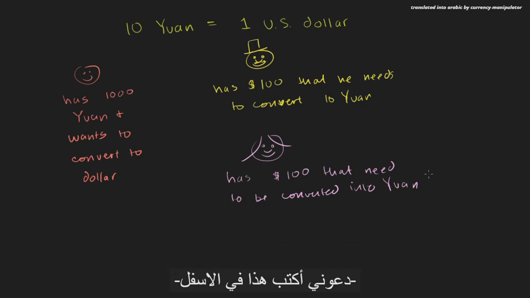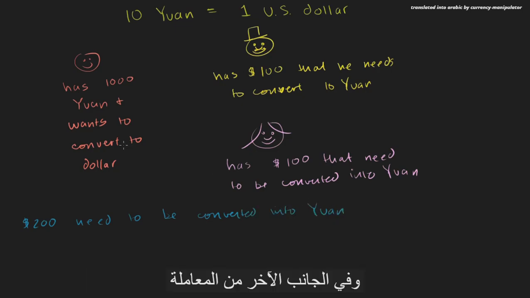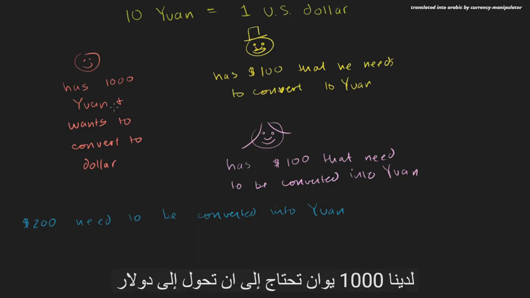Let me write this down. We have a situation where $200 need to be converted into yuan. And on the other side of that transaction, we have 1,000 yuan that need to be converted into dollars.